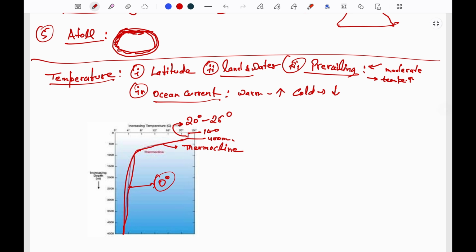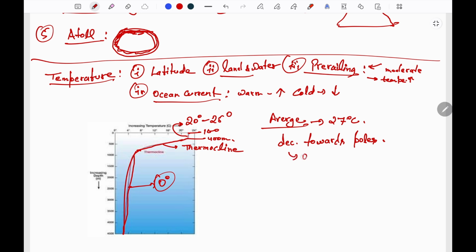Now, moving on to the horizontal distribution of the temperature on the ocean surface. The average surface temperature of the ocean is 27 degrees Celsius, and it decreases from equator to poles. And what is this rate of decrease?